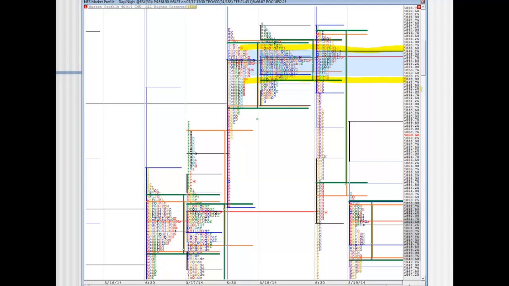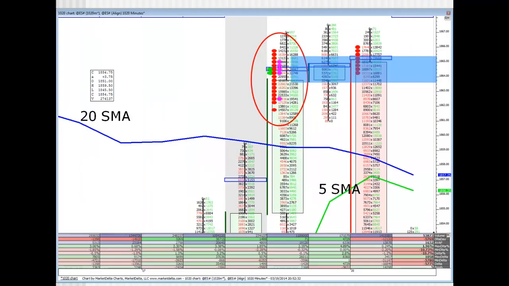And by the way, that is an invaluable tip. We're going to transfer this rectangle with the parameters of the settlement period low and the settlement period high onto our candlestick chart, and you will begin to see how that will help us with our trading strategy.